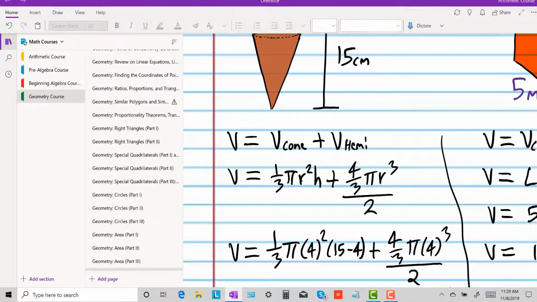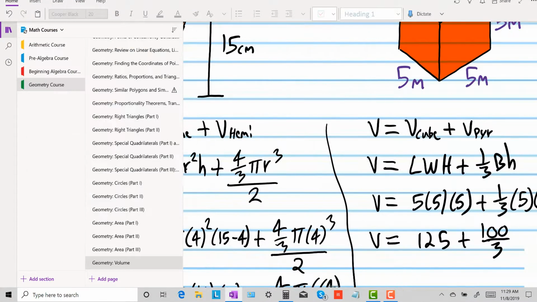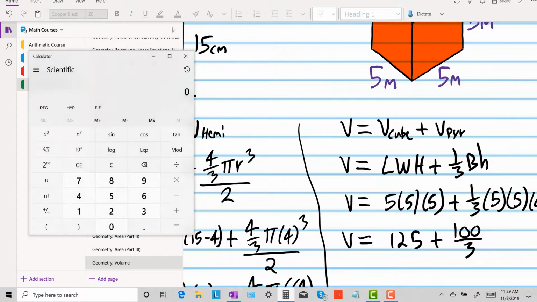But now we're going to get out the calculator, so I'm going to enter in 100 over 3 first. 100 divided by 3 equals, plus 125, and that's 158.33.